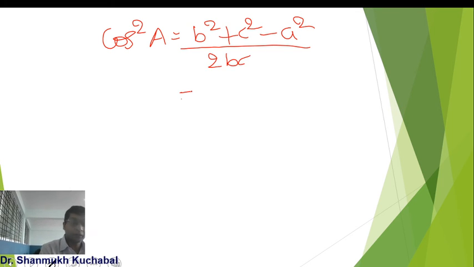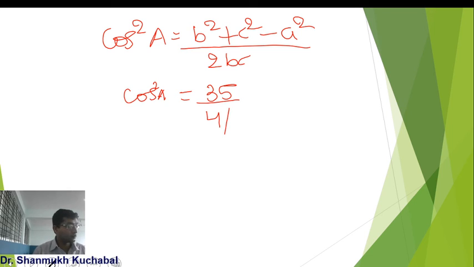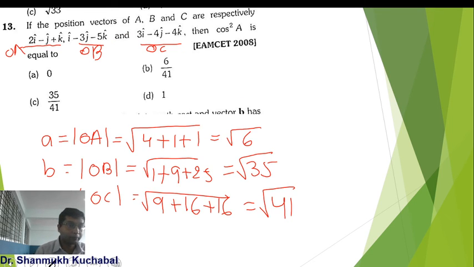If we substitute and simplify, we get cos square A value as 35 divided by 41. Option C is the right answer.